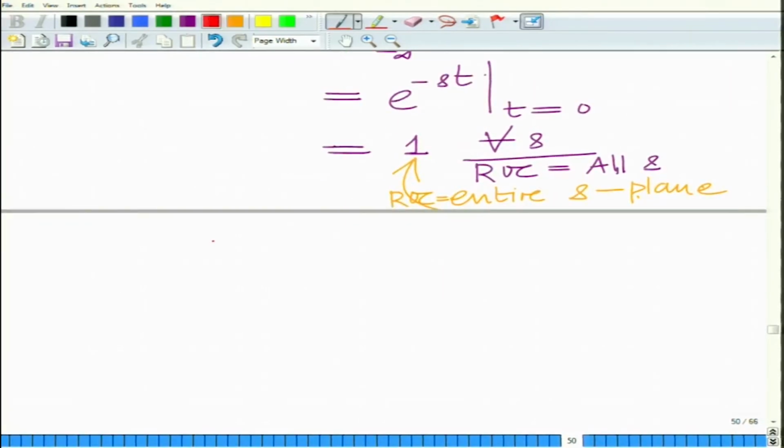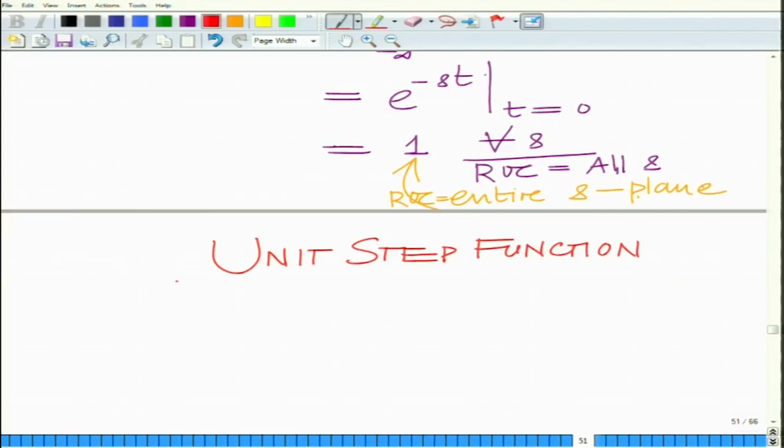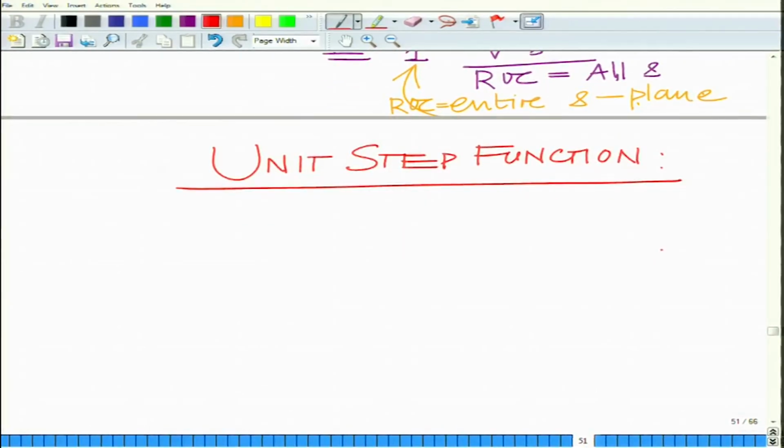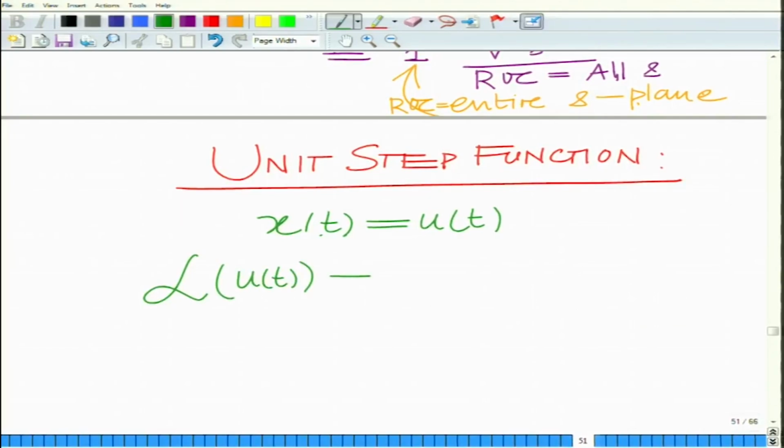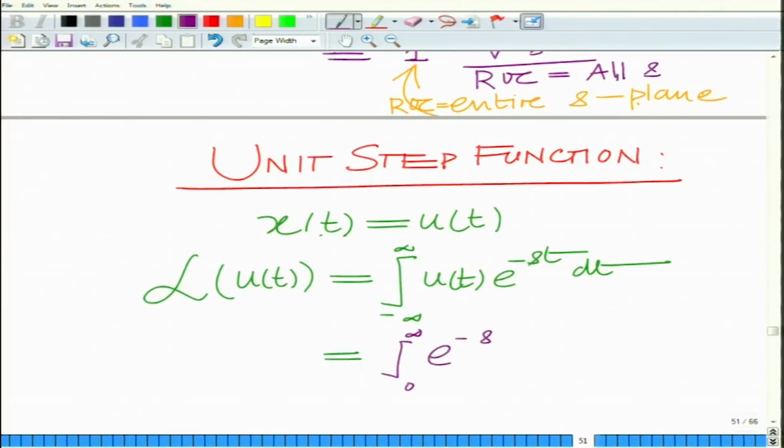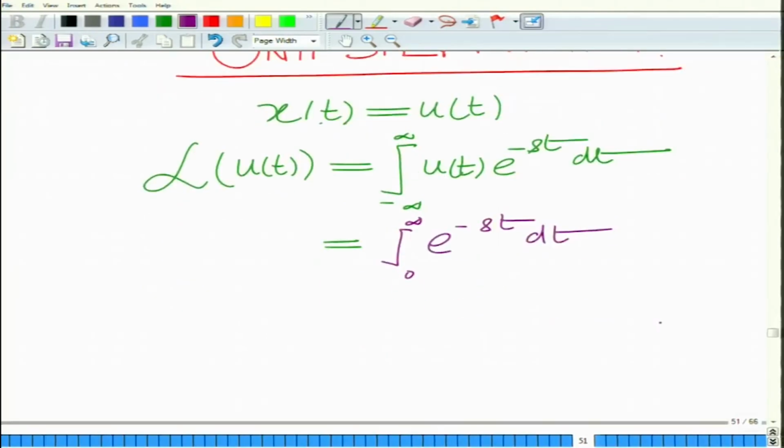Now, let us look at the unit step function. For the unit step function, x of t equal to u t, and the Laplace transform of u t equals the integral from minus infinity to infinity of u of t e power minus s t dt, which, since u t is only non-zero for t greater than or equal to 0, is the integral from 0 to infinity of e power minus s t dt, since u t equals 1 for t greater than or equal to 0.